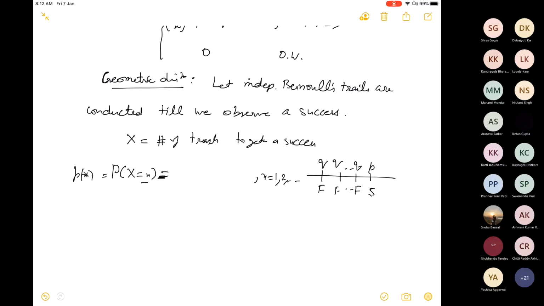If we need x trials to get a success, then it is q raised to power x minus 1 into p. When x is 1, this becomes p. When x is 2, this becomes q into p. When x is 3, q square into p, and so on, 0 otherwise. Okay. So this is the geometric distribution. X is said to be geometric with parameter p.